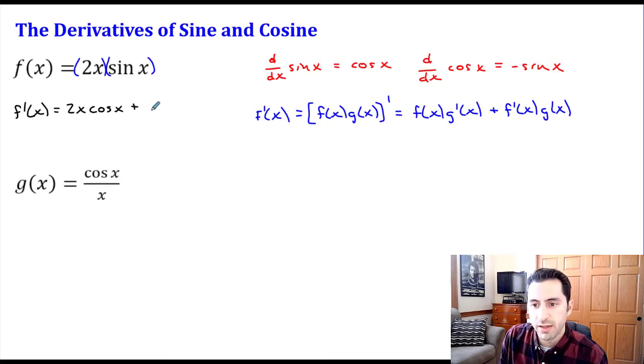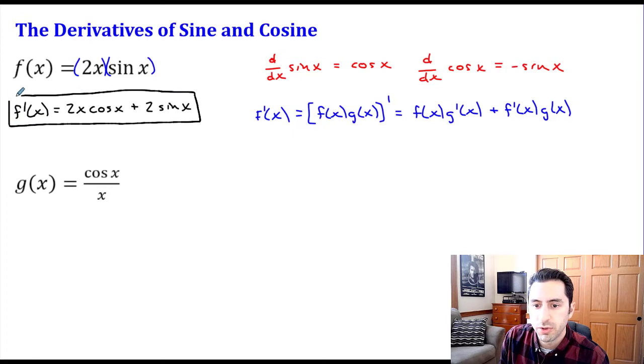And then we're going to add the derivative of the first piece. So the derivative of 2x using the power rule is equal to 2. And then our second piece here will stay the same. So we have sine of x. And that's actually it. So here's the derivative of our function f using the product rule.